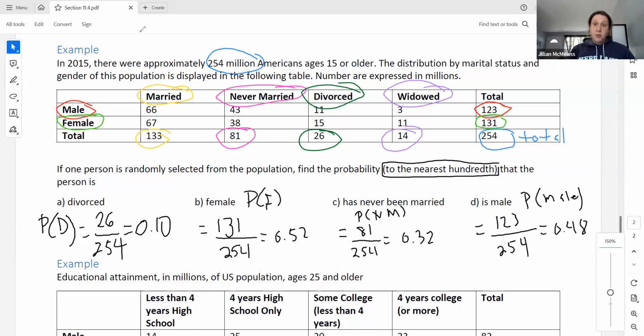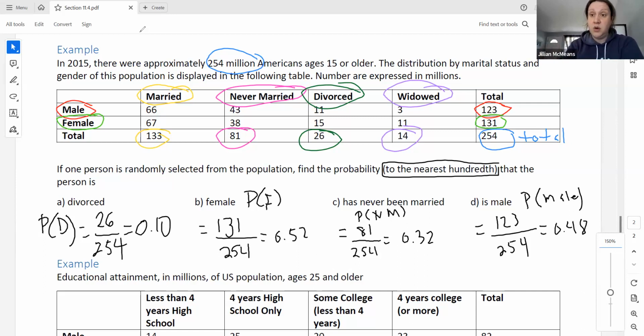Okay, so this is empirical probability. We're looking at actual data. The total number of occurrences would be the total in that bottom right-hand corner. Sometimes you will be given tables that have not been filled out. So they'll give you all of the male, female, married, never married, divorced, and widowed, but they don't give you the totals. So in some cases, you have to do a little work to get the totals. But this is how you'd read one of these tables.